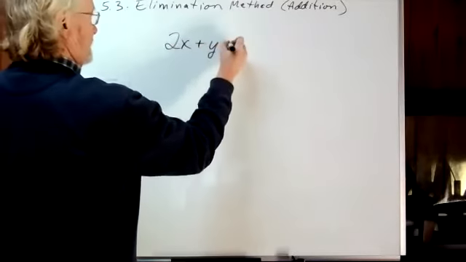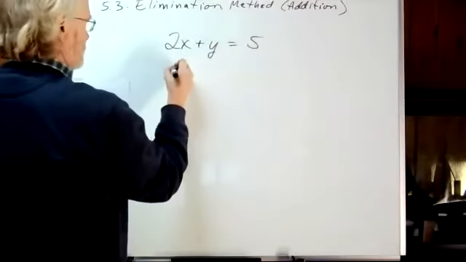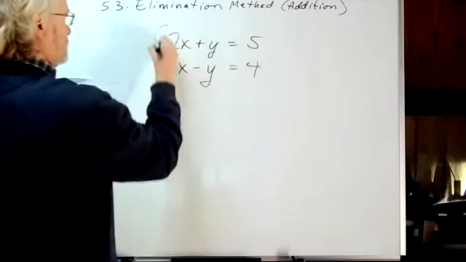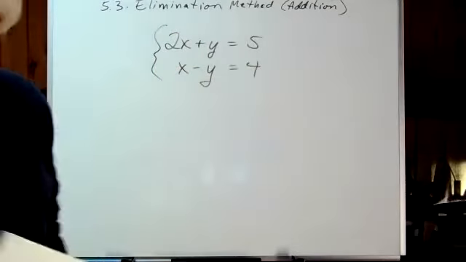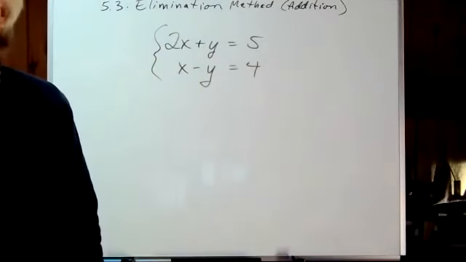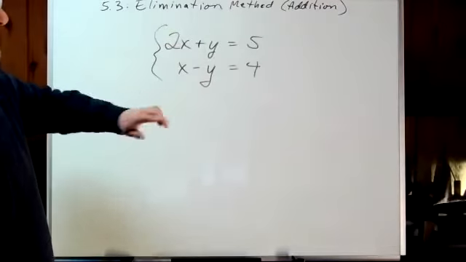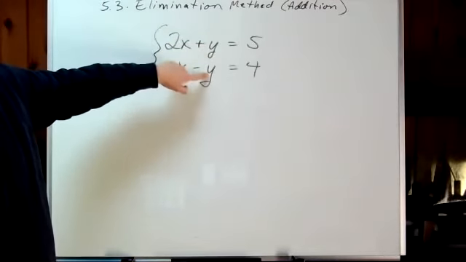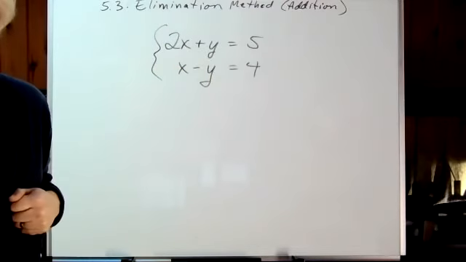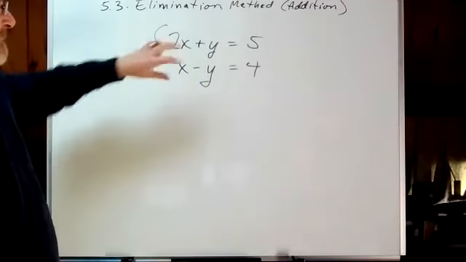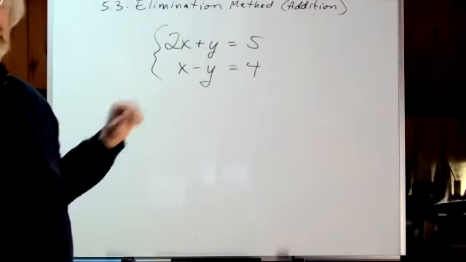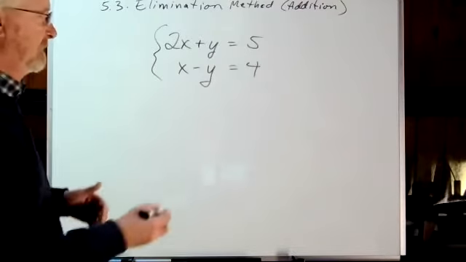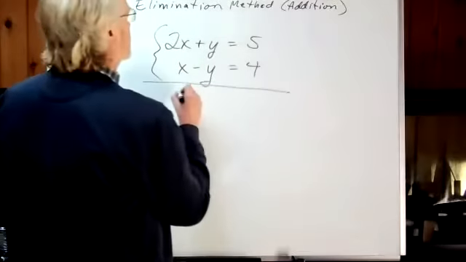If you're lucky, the problems will start with one of the variables ready to cancel itself out. Basically, we would like the same coefficient, right? This is a 1 and a 1, and opposite signs. That's what we're looking for. Same numbers on one of the variables and opposite signs so that when we add, they cancel it.